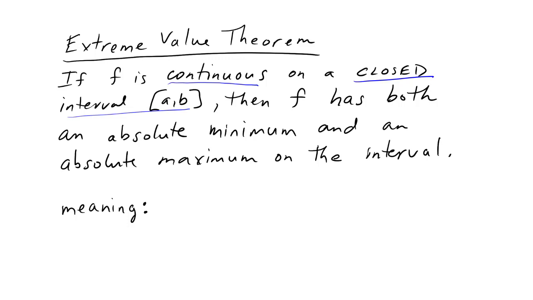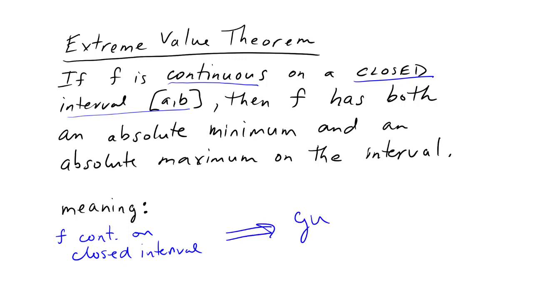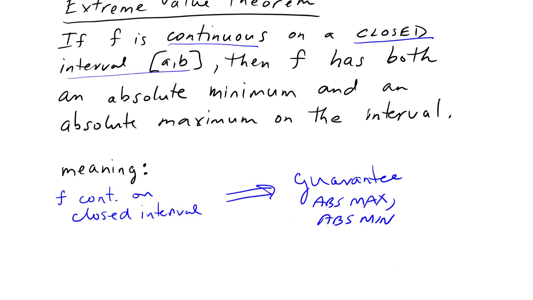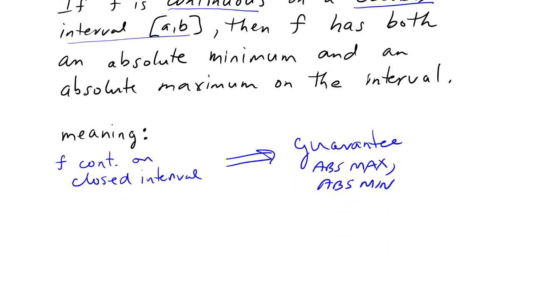So the meaning is that if we have f continuous on a closed interval, then we can guarantee an absolute max and an absolute min. Okay, so we can make that guarantee.